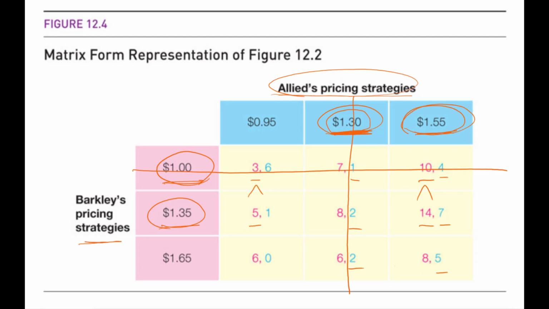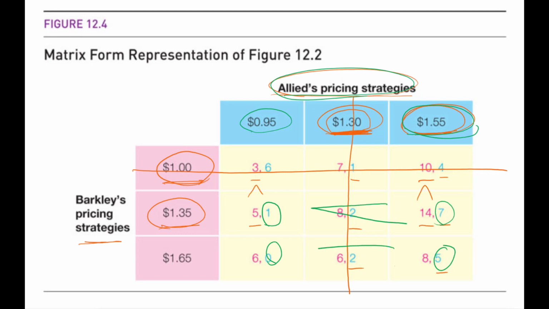Now let's continue. Then here you can see for Allied, now for $0.95 strategy generate $1 and 0, but other strategy $1.55 generate 7 and 5, and there is inequality opening up to same direction. So you can say in this reduced 2 by 2 game, Allied $1.55 dominates 95 cents, or in other words, 95 cent strategy for Allied is dominated by $1.55.